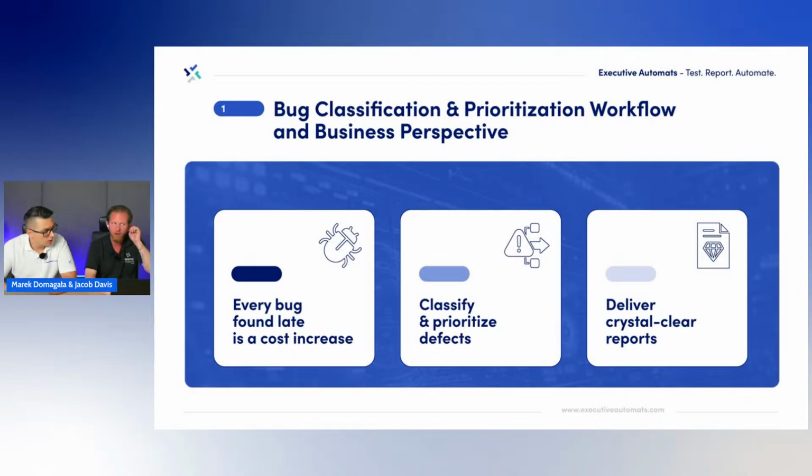So actually, talking about what things will cost and at what stage you're finding them leads us to our next point, which is classifying and prioritizing the defects. Whenever something's found, you need to basically give it a severity and a priority. Most QA people know what that means and what the dependencies between priority and severity are.